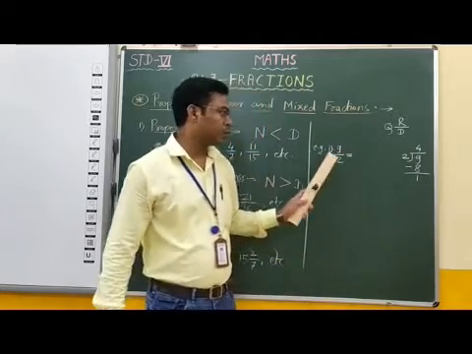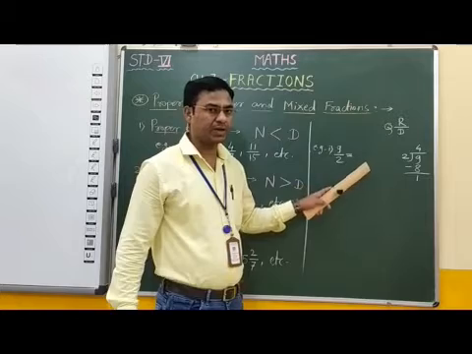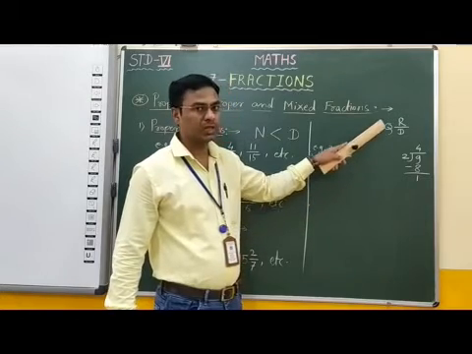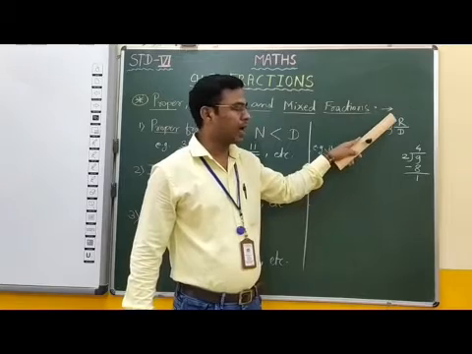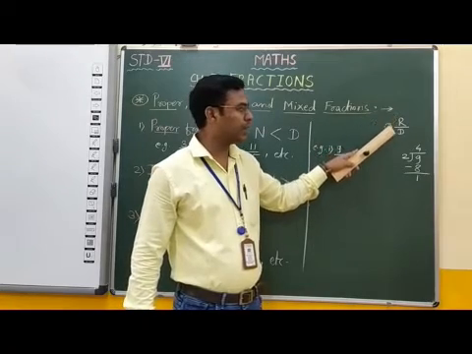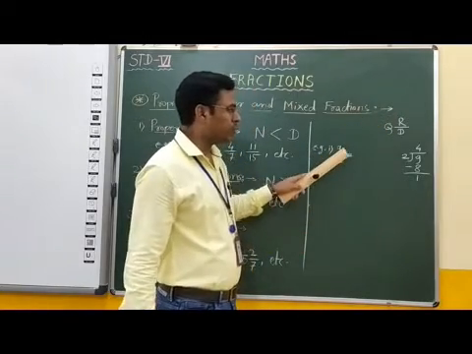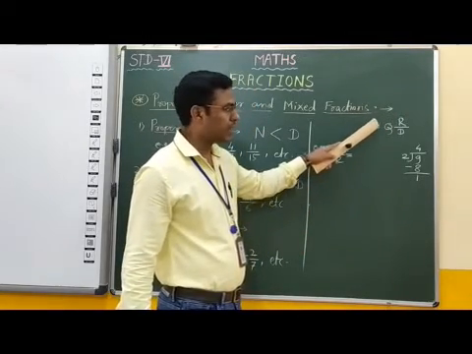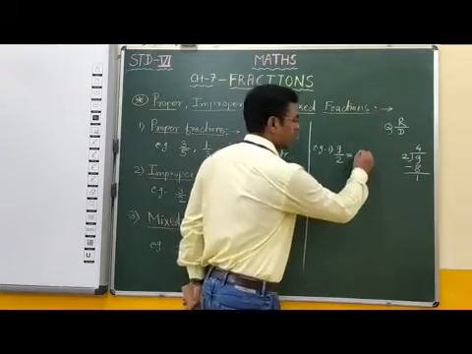Therefore, to convert this improper fraction into a mixed fraction, we have to use this formula. Here Q means quotient, R means remainder and D means divisor. Therefore, we have to write the whole number as the quotient. Here the quotient is 4, so we write 4.